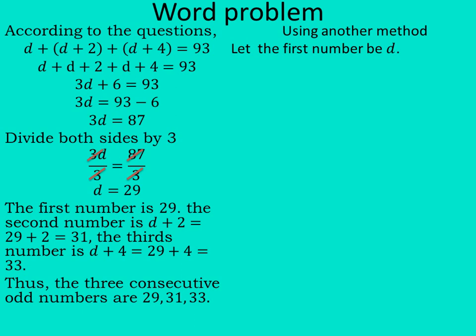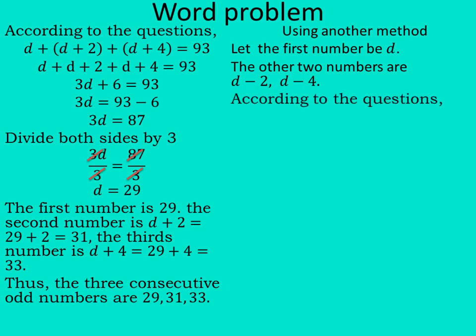So the two other numbers are d minus 2 and d minus 4. I think I just explained that. That is, instead of adding 2's, we subtract 2's. So according to the question, d plus d minus 2, that's the second number, plus d minus 4, that's the third number, is equal to 93.